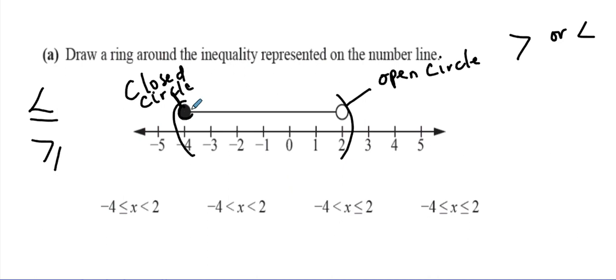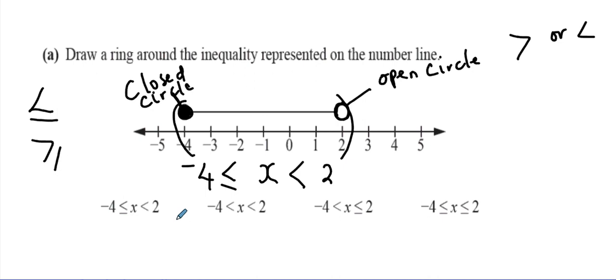Now, because this is the closed circle and this is the open circle, this will mean we have to represent all the numbers which are between -4 and +2, and all these numbers are represented by letter X. And because this symbol is an open circle, this will suggest X is less than 2 and -4 is less or equal to X.